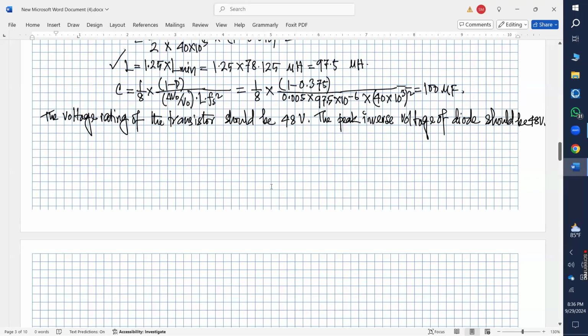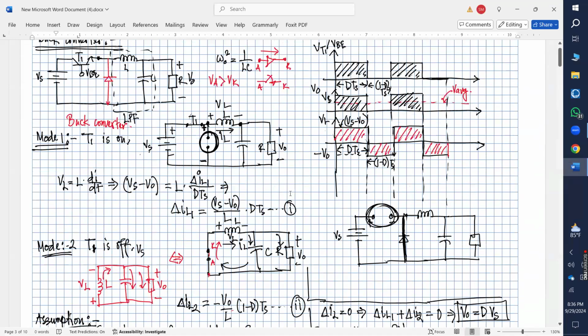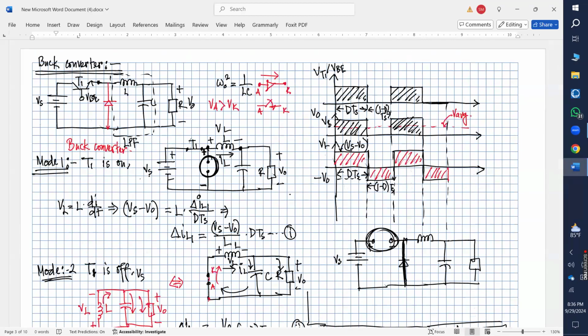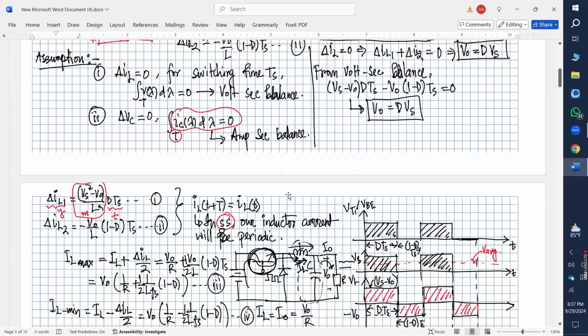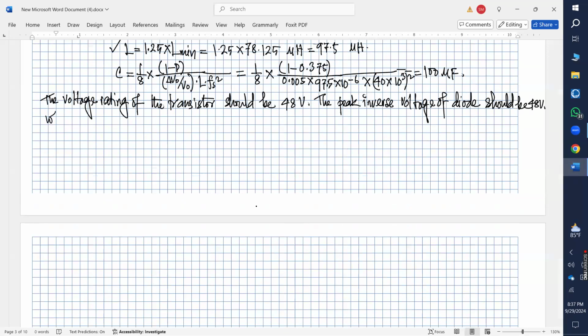Now, see, when your transistor is operating, what should be the voltage across the inductor? It should be Vs minus V naught, right? So when T1 is on, then the voltage VL should be Vs minus V naught, right?